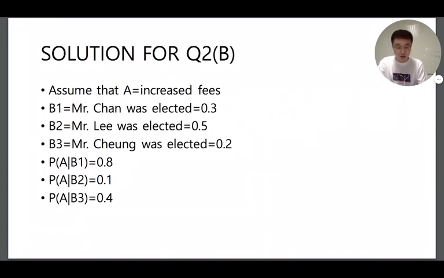So, given the conditional probability of event A given event B1 is 0.8, and the conditional probability of event A given event B2 is 0.1, and the conditional probability of event A given event B3 is 0.4.